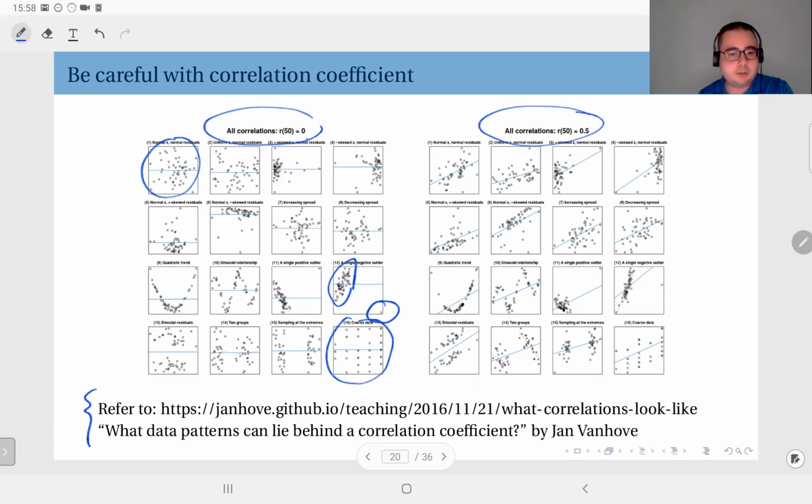There might be a pattern to it, or you might have a functional dependence like this, or you might have clusters like so. So depending on the correlation coefficient itself could be misleading.